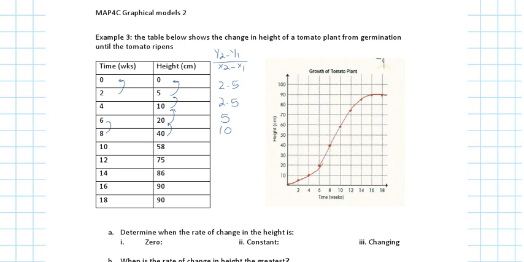Then I have 58 minus 40 over 10 minus 8. What do you get there? 9. Then 75 minus 58 over 12 minus 10. What did you get there? 17 over 2. So what is 17 over 2? That's 8.5.